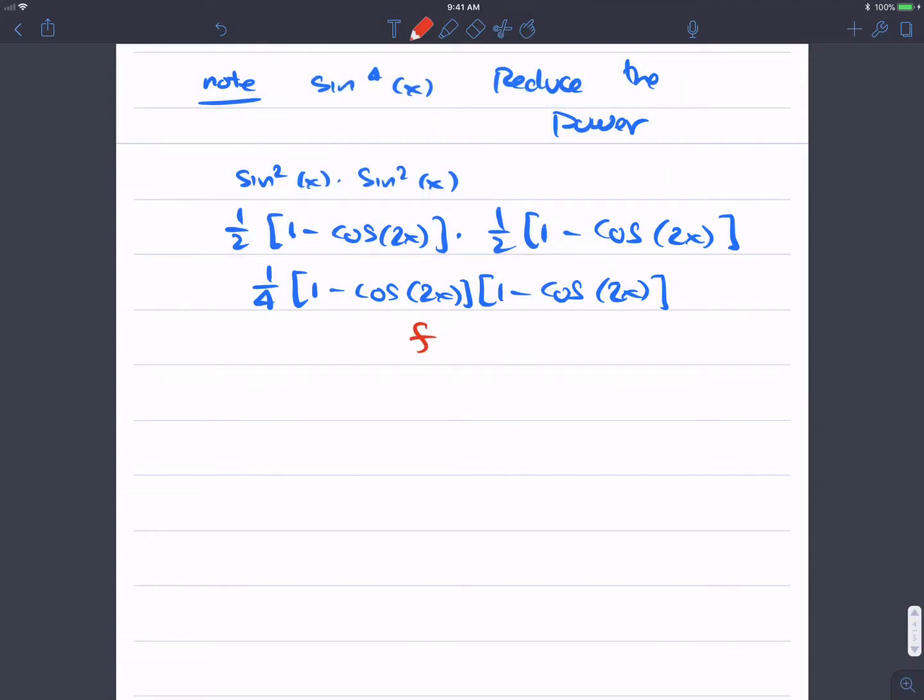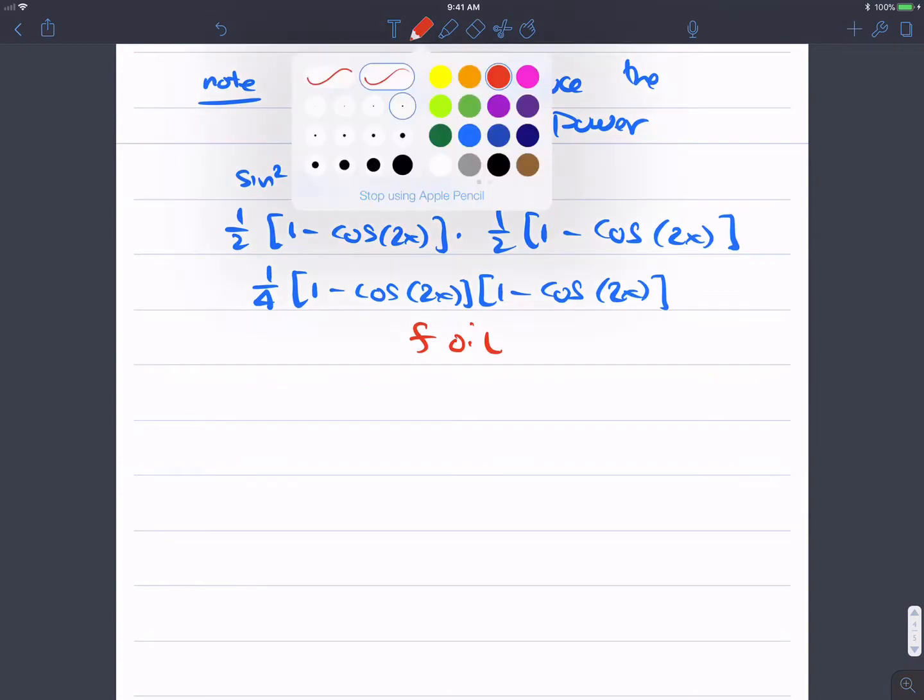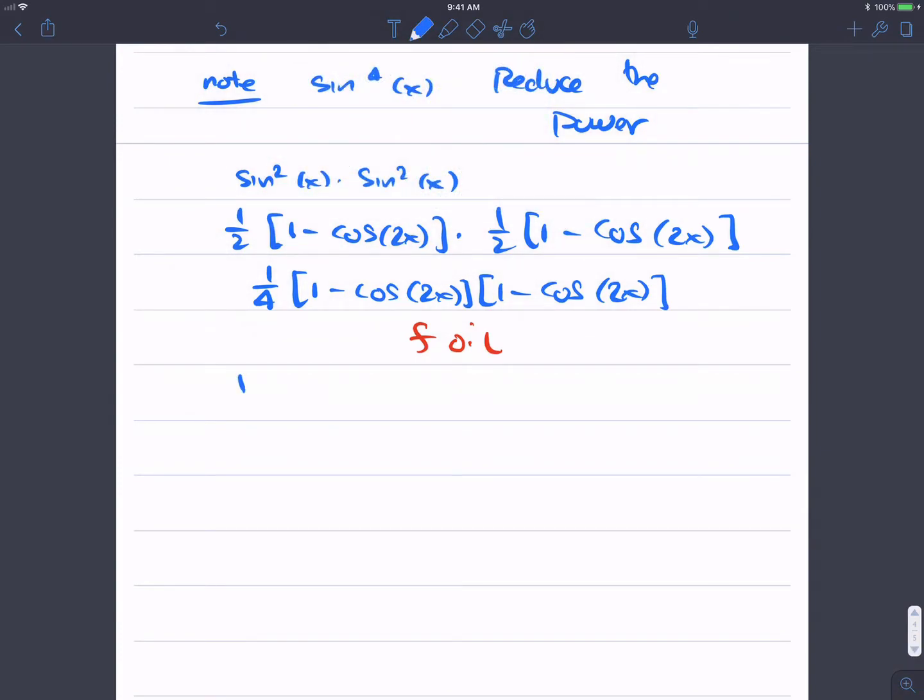Again, we use FOIL. So when we go through and we multiply with FOIL here, I'll have 1/4 (1 minus 2 cosine 2x plus cosine squared 2x here). And this is all from FOIL: first term, outer term, inner term, last.